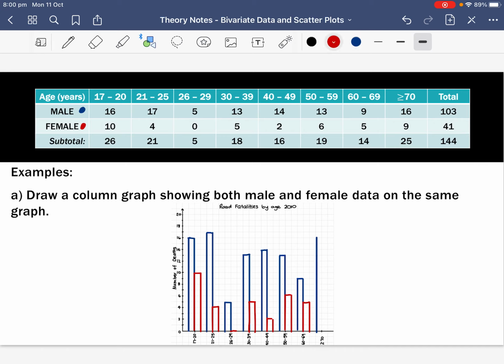And females is 9. Like so. Okay, so there is our column graph showing our data. And it's important that we have these little gaps in between our data as well.